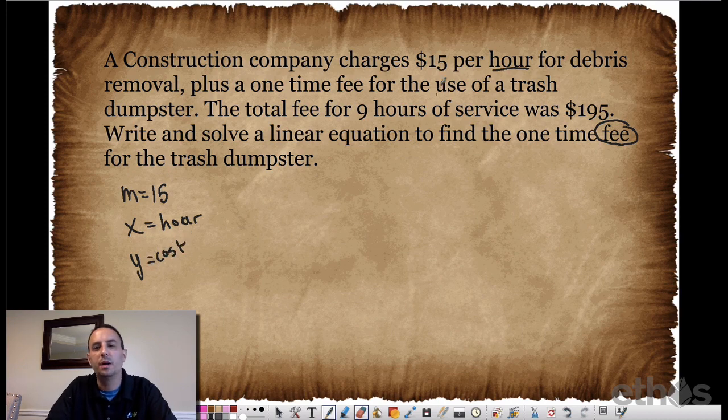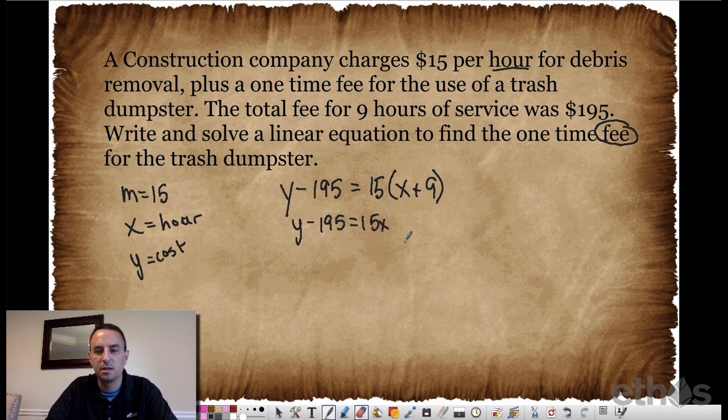Okay, so let's pull the problem. Y minus, so where's y? Well, y is cost, 195, is equal to 15 times x plus 9. So we distribute everything. y minus 195 is equal to 15x, let's see, plus 135.